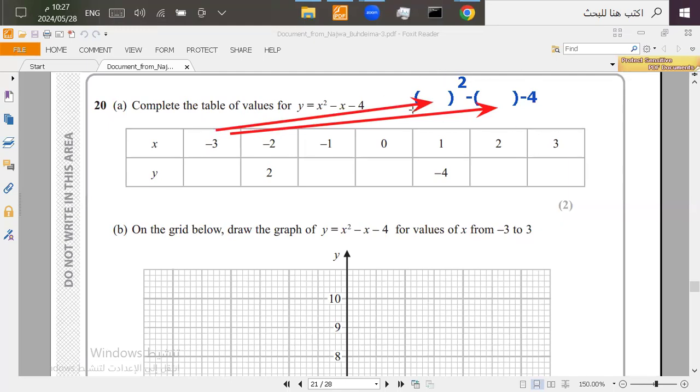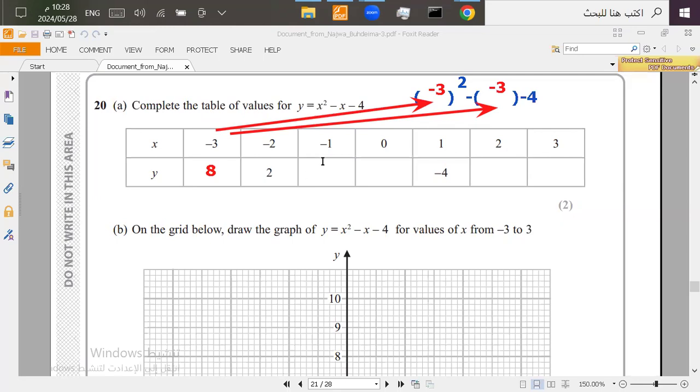Put these numbers inside, -3, and then push equals. So here, -3, and then here, -3. And you do it with the same idea with all the values. So the first one, when I did the calculation, I got 8.